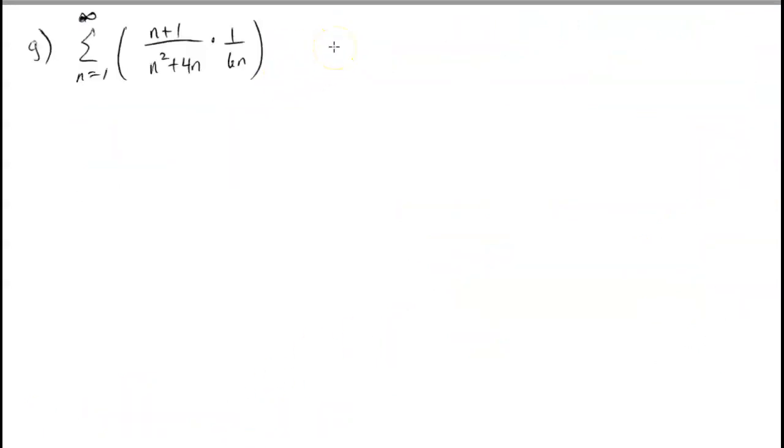Okay, so for our last example here, again, we want to pick our a sub n to be what the actual original sequence was here. And so I'm just going to keep it in this form. The b sub n, what we're going to do here is we'll just chop off that +1 in the numerator.